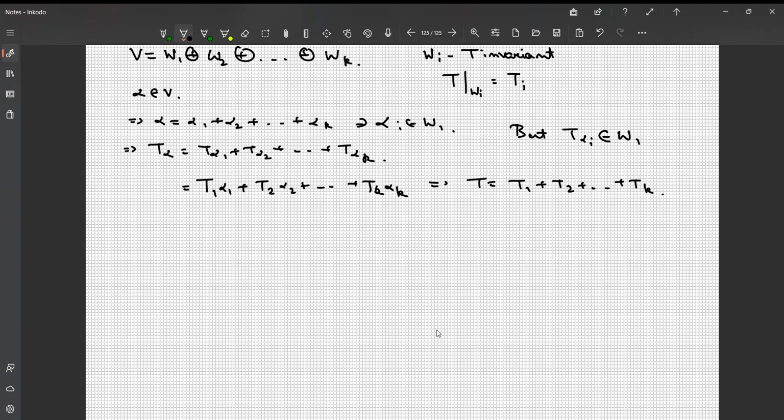Now one more obvious thing to observe from here is, suppose you have a similar decomposition.